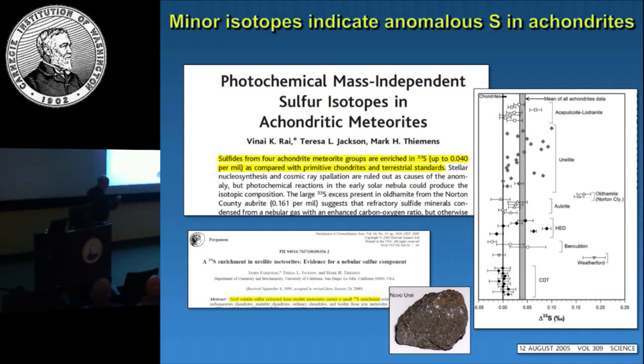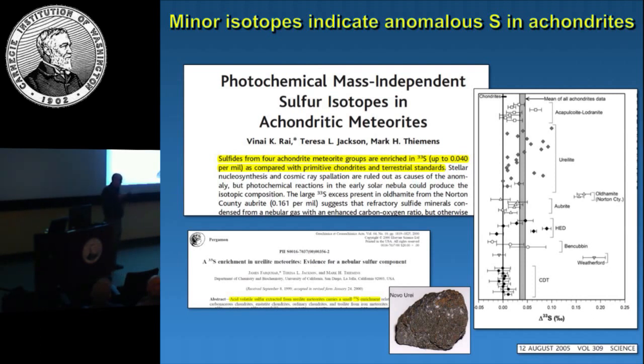I did a study with Mark and Terry Jackson, and then Dina Rai followed up. I looked at ureilites, they looked at a variety of other meteorites, and what they found was that for these groups of achondrites, there was a slight enrichment in capital delta 33S relative to the troilite from one of the iron meteorites, which was the standard.